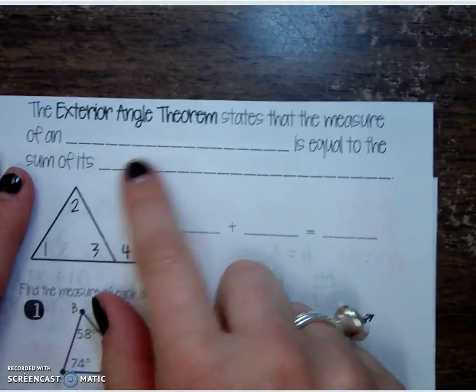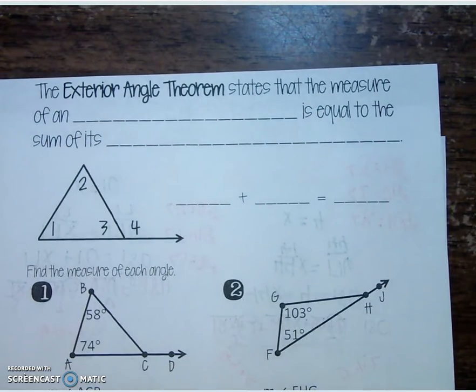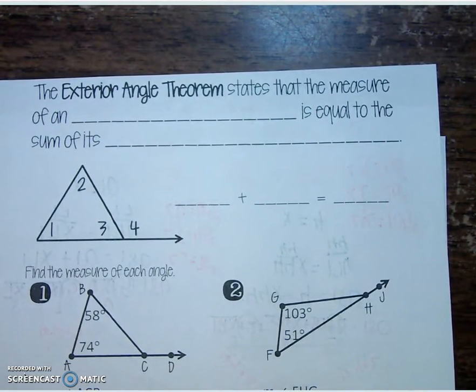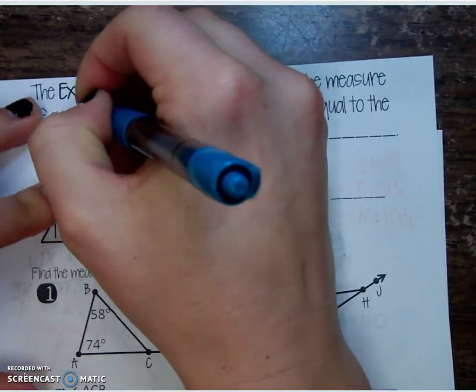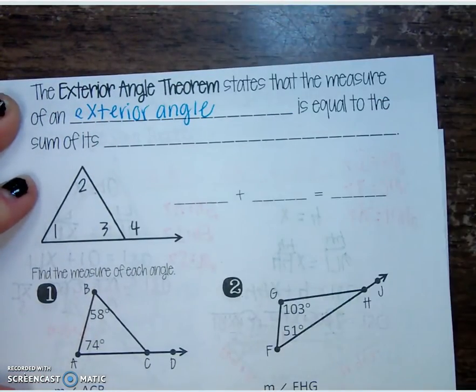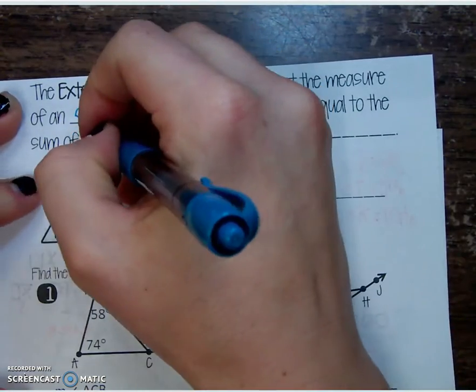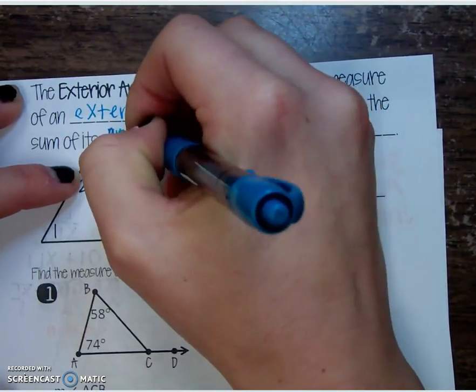The exterior angle theorem states that the measure of an exterior angle is equal to the sum of its remote interior angles.